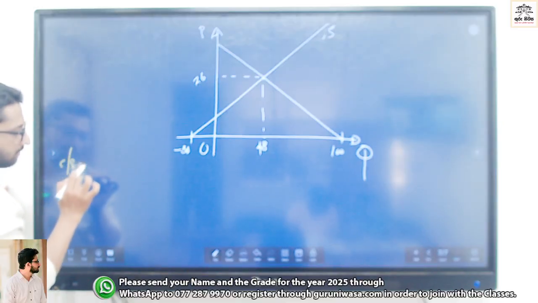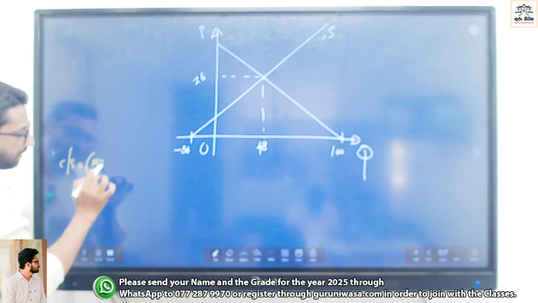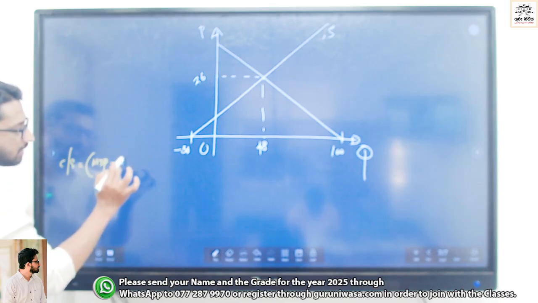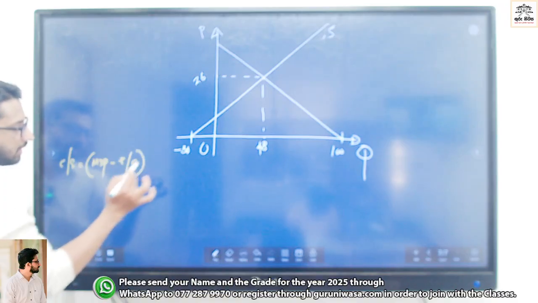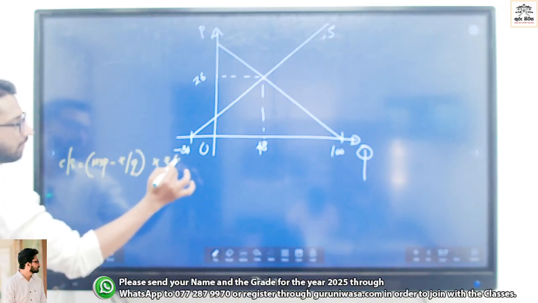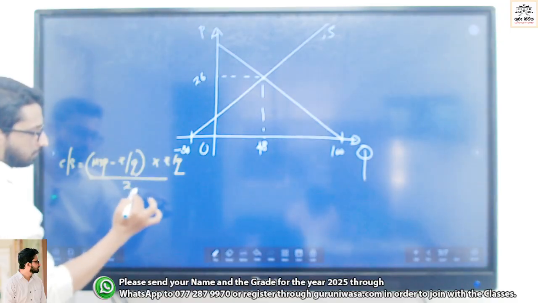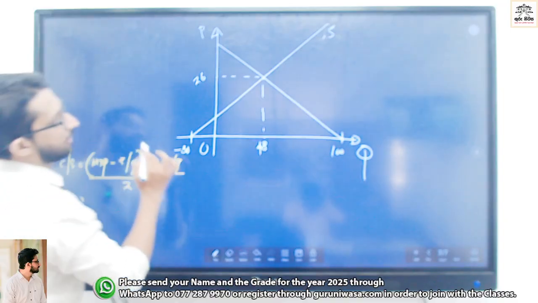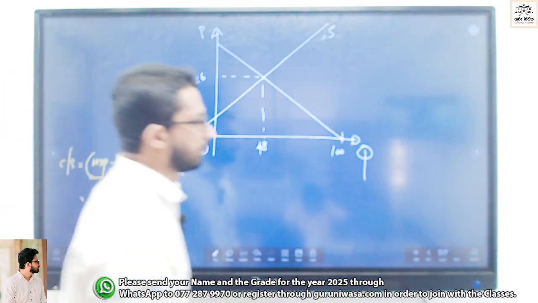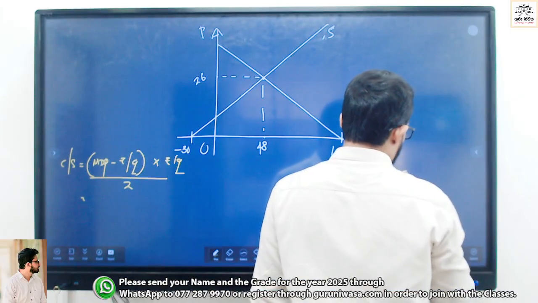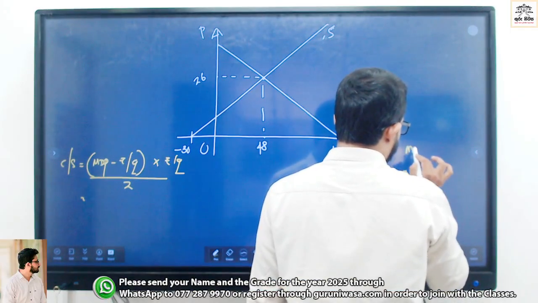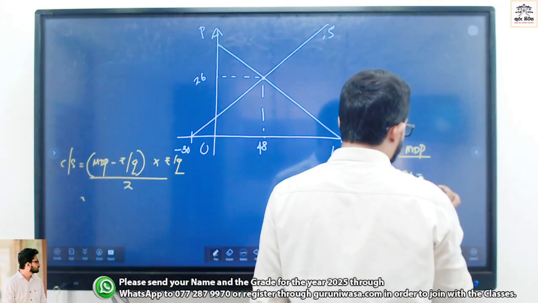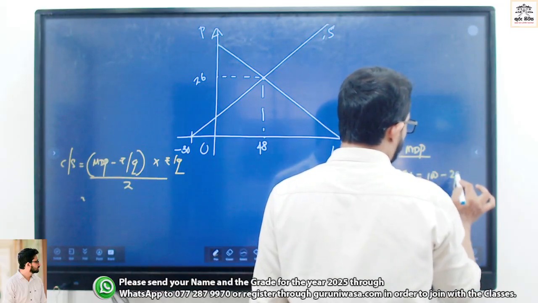Consumer surplus equals (maximum demand price minus equilibrium price) times equilibrium quantity divided by 2. Calculate the maximum demand price: QD equals 100 minus 2P.